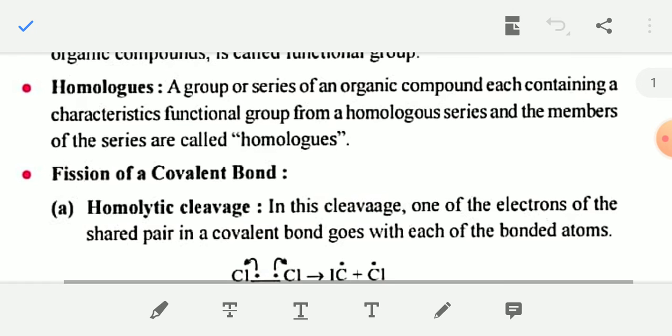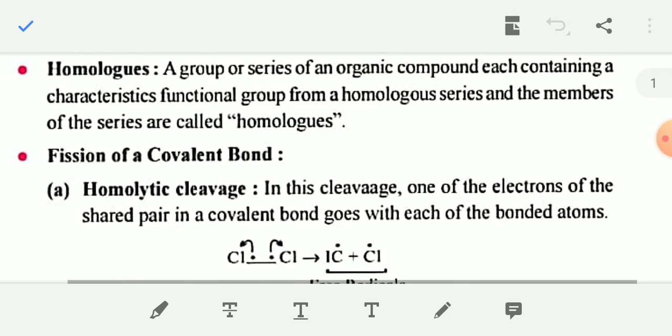There are mainly 4 types of organic reaction: combination, substitution reaction, elimination reaction, and rearrangement reaction. So you will read about these reactions in class 12th. Just remember the terms. Like inorganic reactions, there are different types of organic reactions: substitution reaction, elimination reaction, and rearrangement reaction.